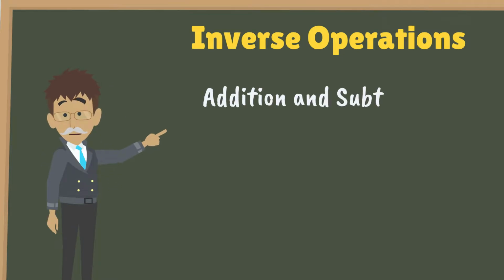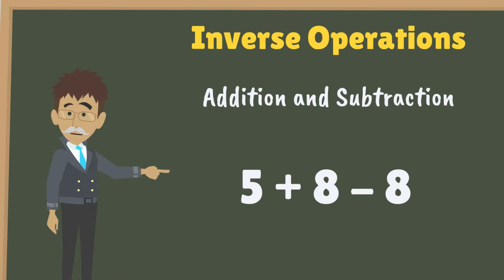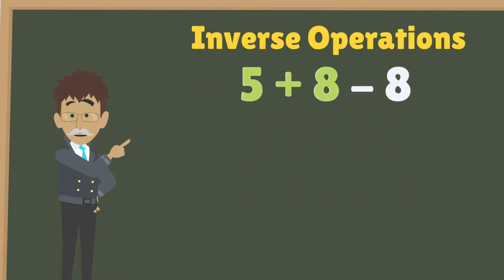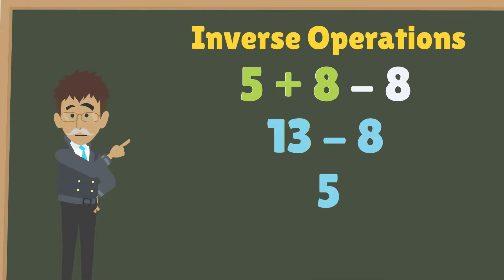Addition and subtraction are inverse operations because they undo each other. An example could be 5 plus 8 minus 8. Notice that if we add 8 to 5, we get 13. But when we subtract 8 again, we are back to our starting value of 5.